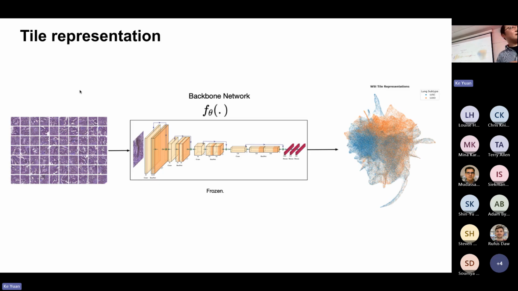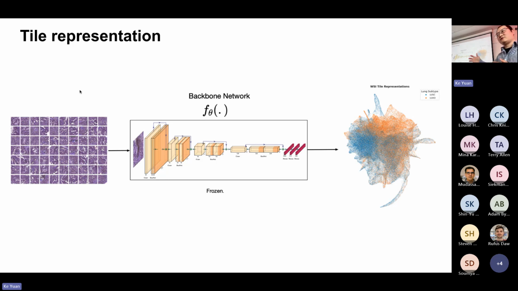The approach is relatively simple. You train your encoders through self-supervised training, and then you process all of those tiles. By the way, those tiles are small chunks of a larger slide. We do that because the whole slide is too big. You can't really put it into a single GPU card or a single network. So you have to break it into parts.